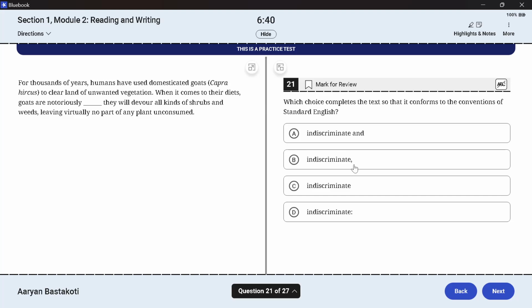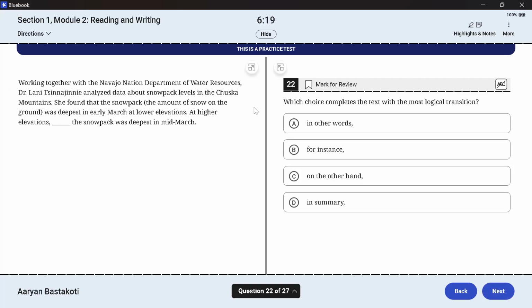If we were to use this, it would imply that this is the unnecessary part. If we were to use this, it would be a run-on sentence. So this is the explanation, and I think "notoriously indiscriminate" is being explained, how they are indiscriminate. So a colon would be the right choice.